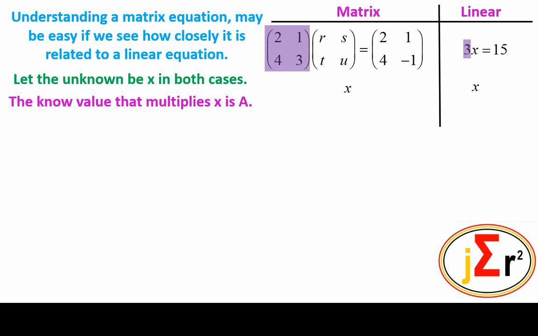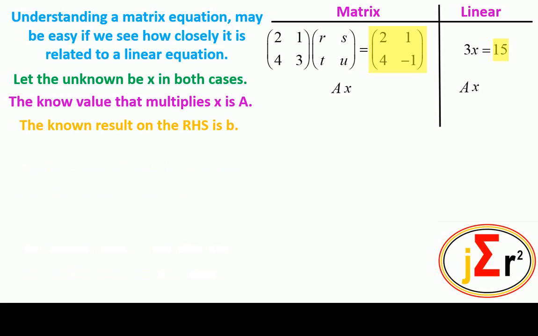The known value that multiplies x is a. We are just using symbols to represent them at the moment, but a should really be a known value. Also, b should be a known value.